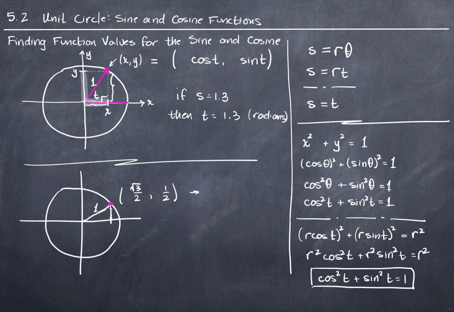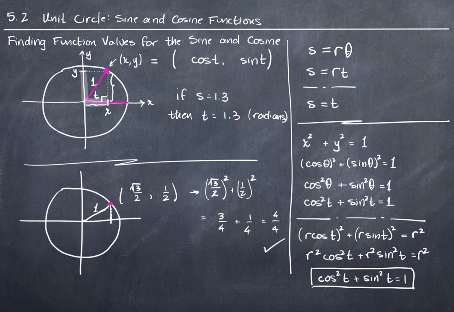So I can verify this by saying, is it true that the square root of 3 over 2 squared plus 1/2 squared equals 1? Well, those should both be squared, this is 3 over 4 plus 1 over 4, that's 4 over 4, which is 1. So in fact, it's true that these can be coordinates on the unit circle.